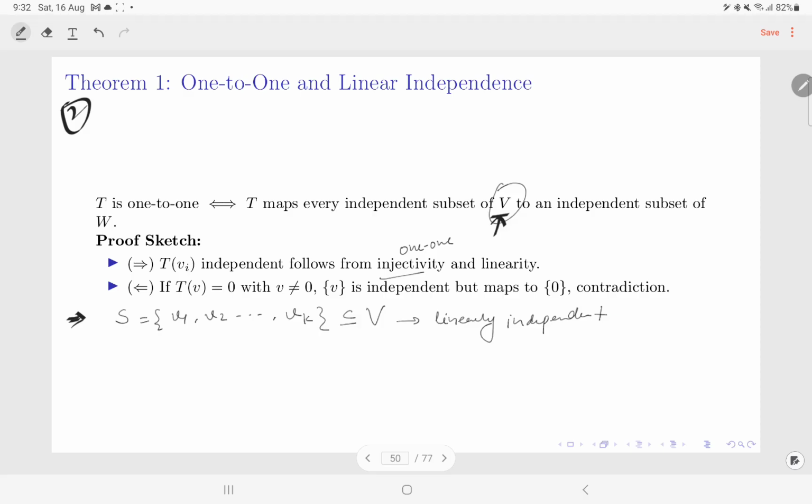How can you show that? Use the definition of linear independence. First write the linear combination of all these vectors: alpha 1 v1, alpha 2 v2 and so on, alpha k vk, and what will this be?